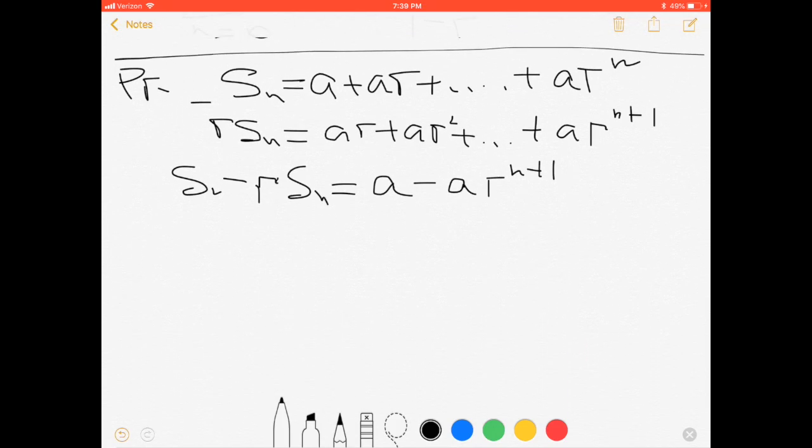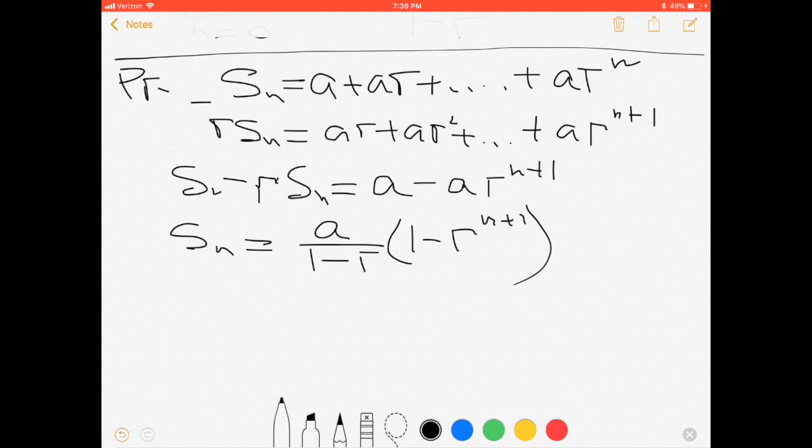This means S_n will be a over 1 minus r times 1 minus r to the n plus 1. Here we are assuming r is not equal to 1.